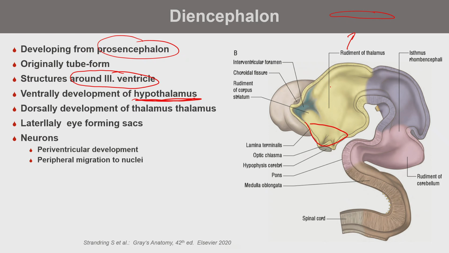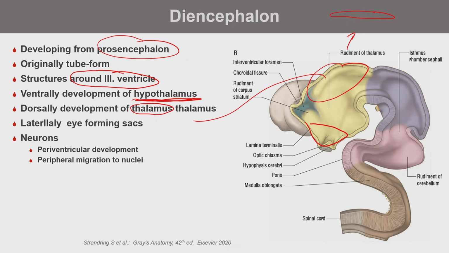From dorsal part is developing thalamus. So thalamus is a very important mass of gray matter, which is the largest part of the diencephalon in a human brain, and it is really important.